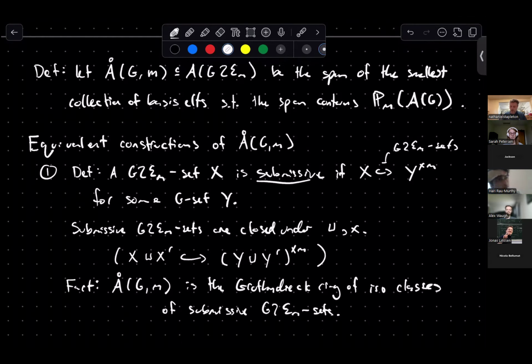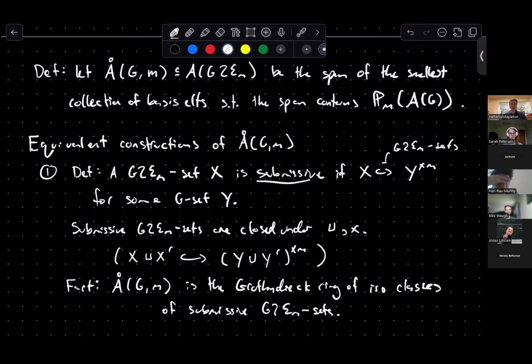And the argument is not hard, so I should do one of them. So if I want to show the Grothendieck ring of sub-Ys is contained in A-bar, well, if X sits inside of Y to the M for some Y, then for any basis element, if I decompose X into transitives, any one of those transitives sits inside of X, sits inside of Y to the M, and so that transitive is used in decomposing P^M of Y inside of A of G wreath sigma M into basis elements.